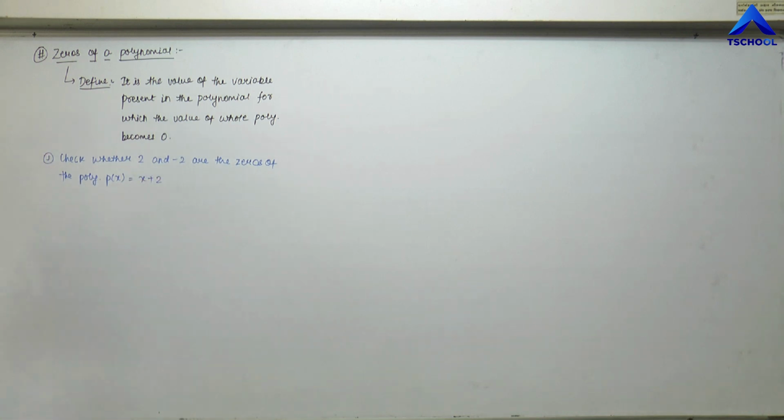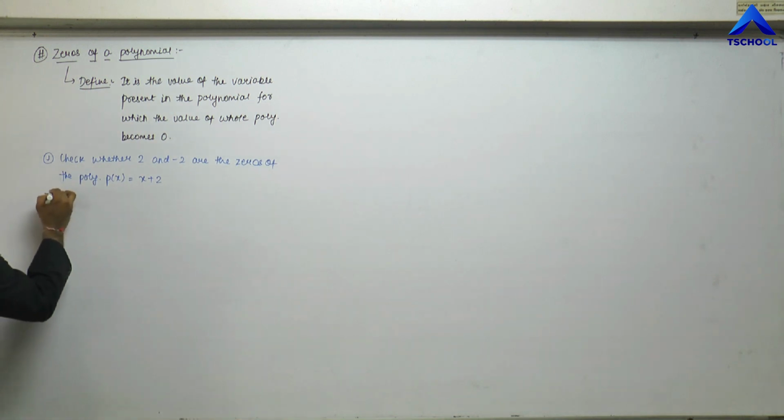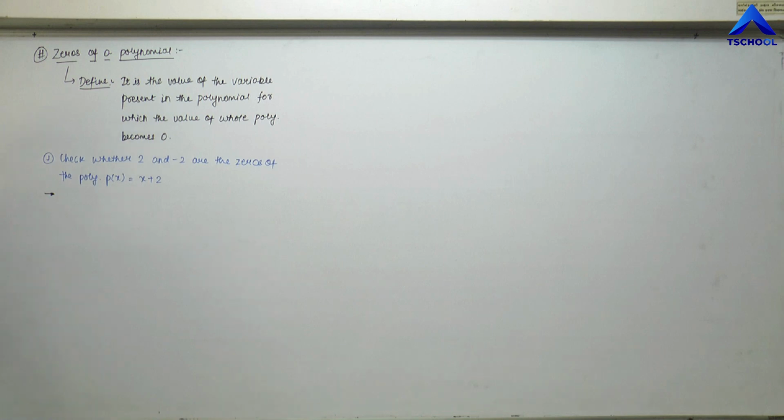Quite the easiest one given in the book here. We need to check whether this 2 and minus 2 are the zeros of the polynomial P of x is equal to x plus 2 or not.